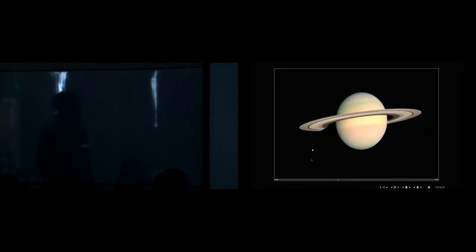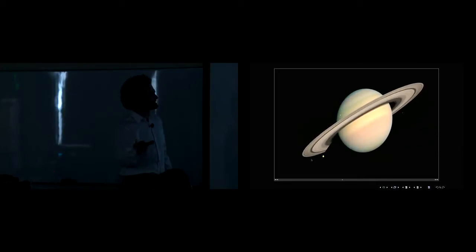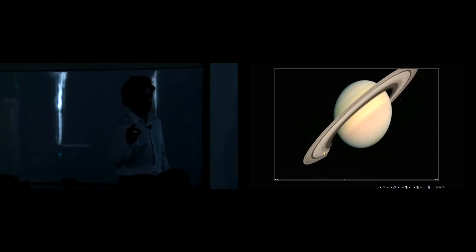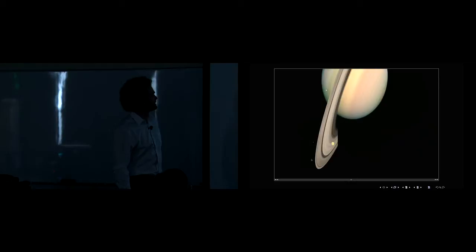We don't get to go out and observe this ourselves, but we can send these cameras out there. They take these pictures. These are real pictures being sent back. This is incredible to me. These rings are in some places only about 10 or 20 feet thick, rock and ice.